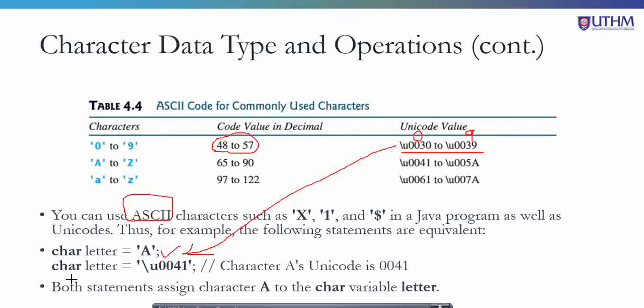So if we put char letter equal to \u0041, whenever we print it out, it will print out A. So these two are equal.